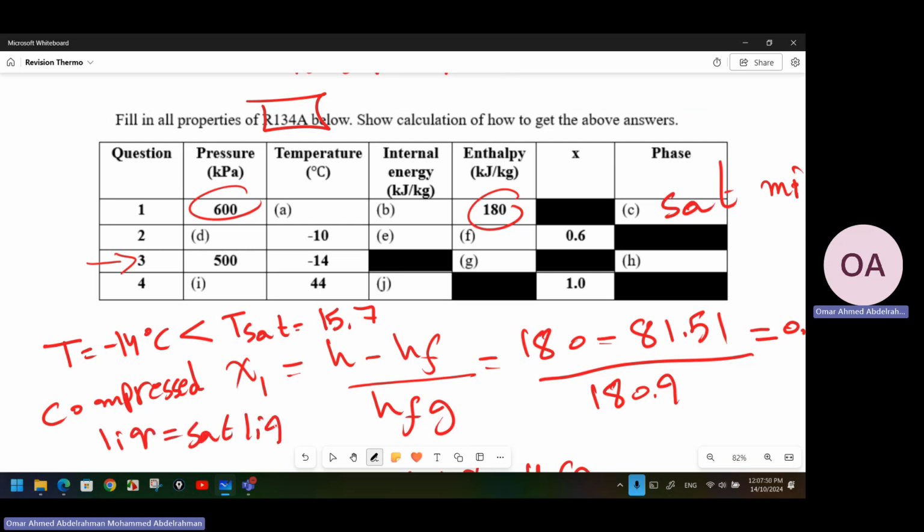If it is saturated liquid, I will use any property with a subscript f, right? So here, if I want to calculate the enthalpy, the enthalpy will be equal to hf at the temperature -14 degrees Celsius, not at the pressure 500. So use the temperature table, not the pressure table, because it will give you different values.